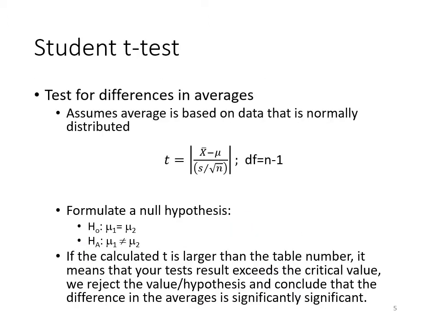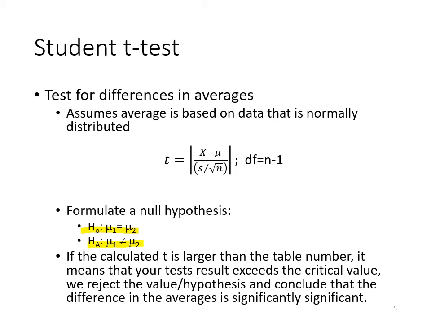We'll use the student t-test to determine if the differences are statistically significant. The test assumes that the data are normally distributed. Next, we need to formulate the null hypothesis. The null hypothesis that we'll formulate is that the means are equal, and then our alternate hypothesis is that they're not equal.